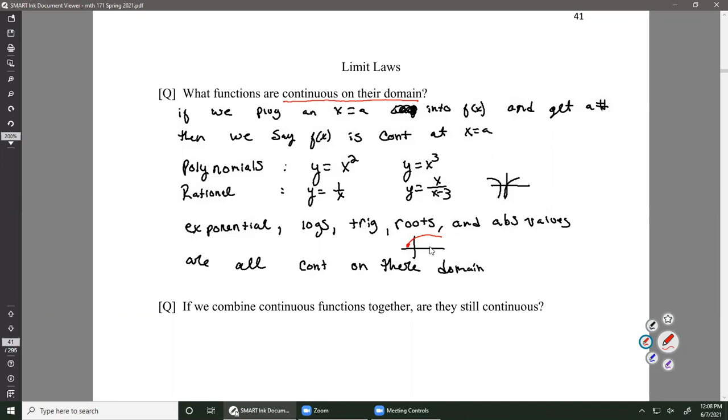When I ask that question, a lot of people will graph it and say, oh no, there's a square root, or there's a hole, or an asymptote, or it does something weird, so it's not continuous. It's like, hold on, on its domain, it's continuous. So that's the key phrase there. Hint, hint, wink, wink, something like this will be on your test tomorrow.